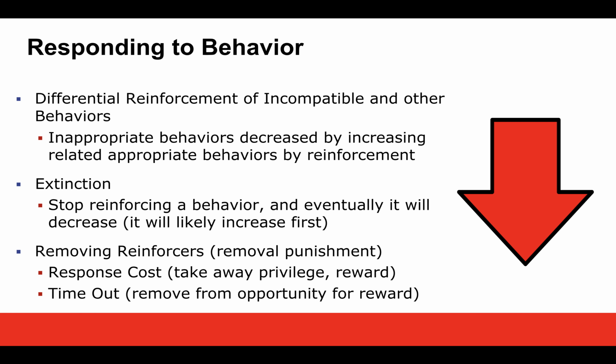Differential reinforcement is another way to manage behavior. And in this regard, students who have inappropriate behaviors, you can help decrease those by increasing the related appropriate behaviors by reinforcement. So if the student has a problem with outbursts in the classroom, you positively reinforce them when they don't have outbursts.